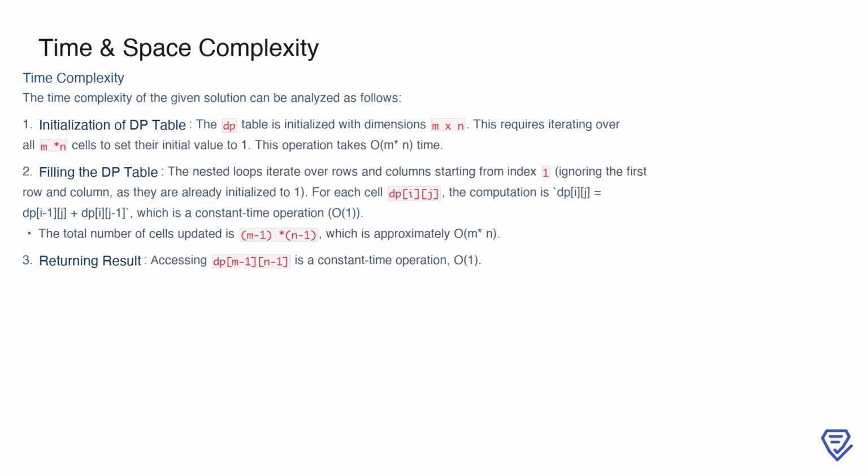For each cell, we compute its value by adding the values from the cell directly above and the cell directly to the left. Since this computation is a constant time operation, O(1), and we update (m-1)*(n-1) cells in total, this step also takes about O(m*n) time. Finally, accessing the result stored in dp[m-1][n-1] is a simple constant time operation, O(1).